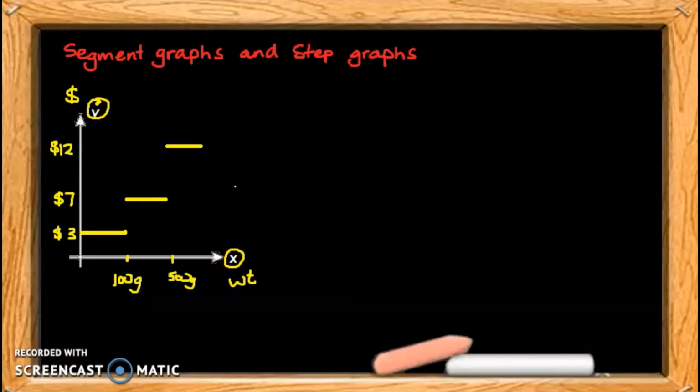With this type of graph, we also have the point where exactly at, for example, 100 grams, we're not sure whether we should have this line here or this line here, the $3 line or the $7 line. If the $3 line's included for that point, you'll see a filled-in circle, then the respective $7 line will have an open circle.